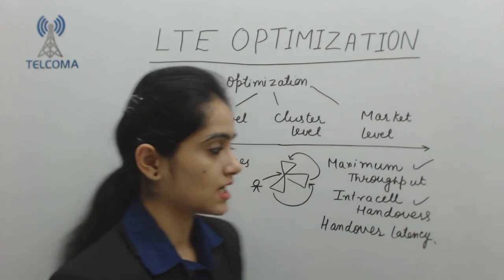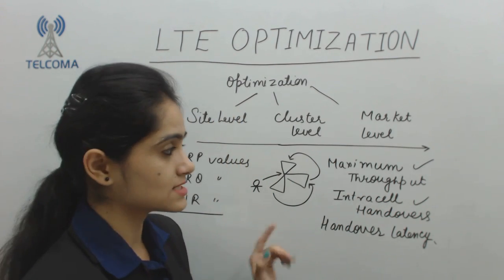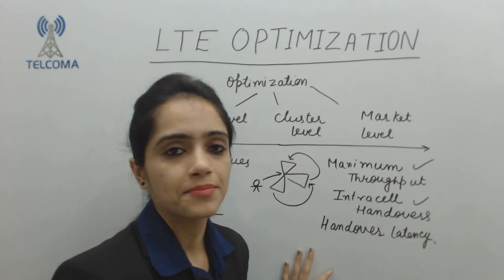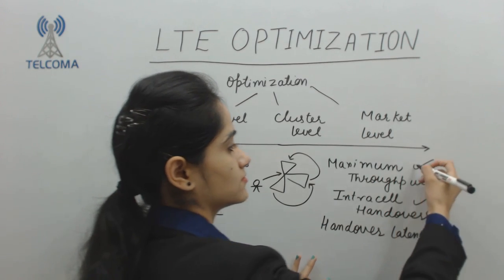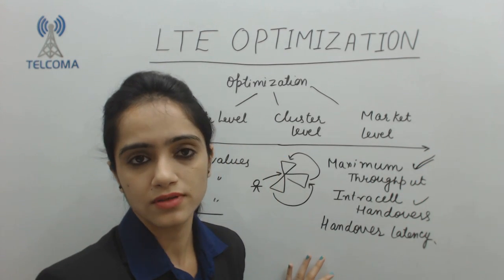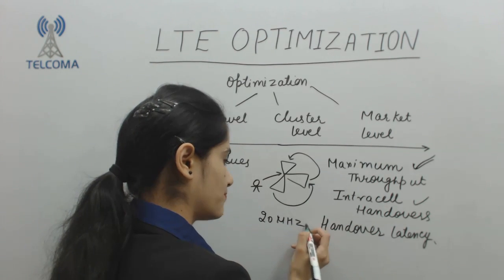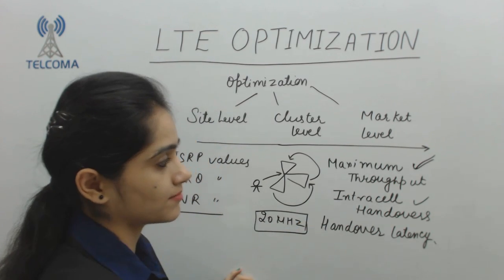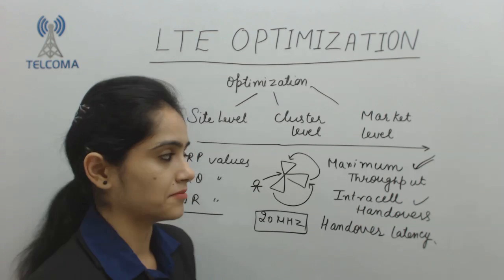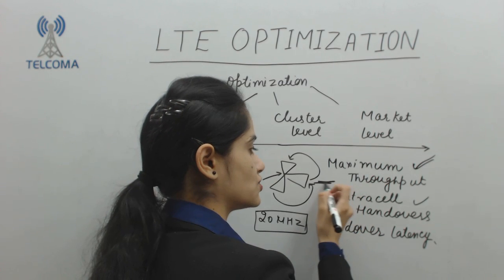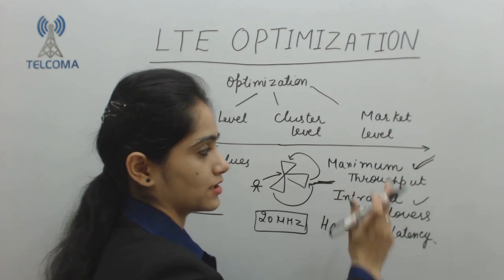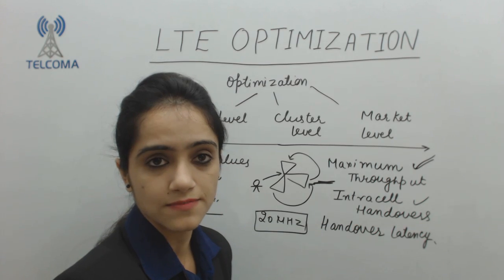Now what happens if there is some problem in the single cell function test? That means we are not getting the maximum expected throughput. We have used a bandwidth of 20 megahertz, but in the results we are not getting the maximum throughput. That means you are having some issues, and we require to find them out in the single cell function test.